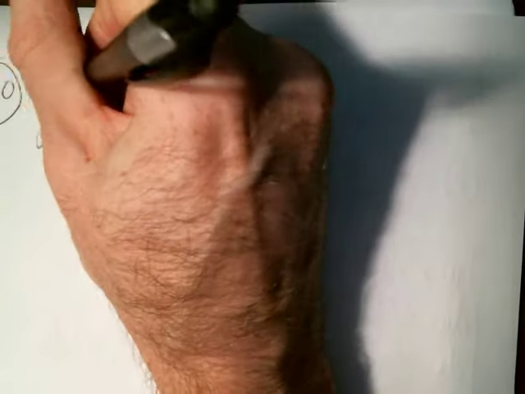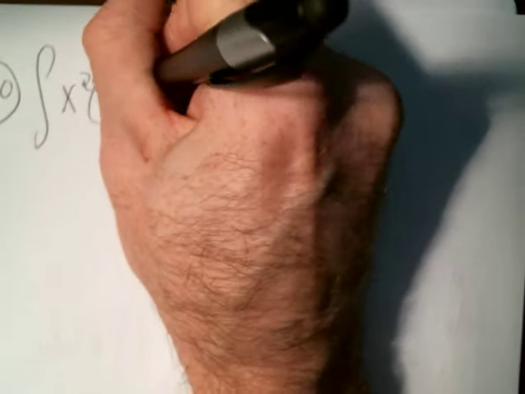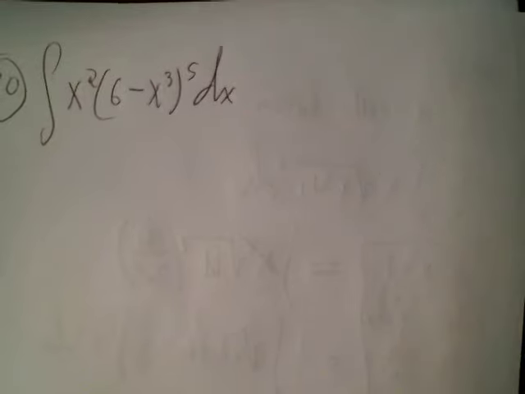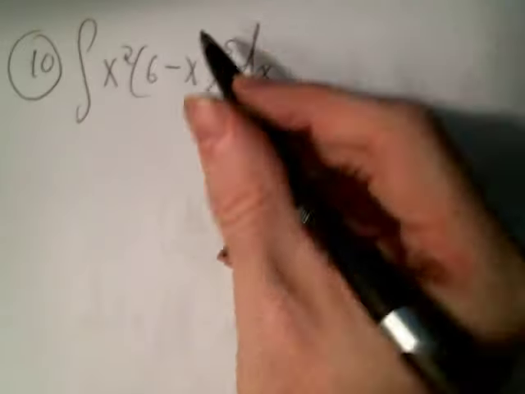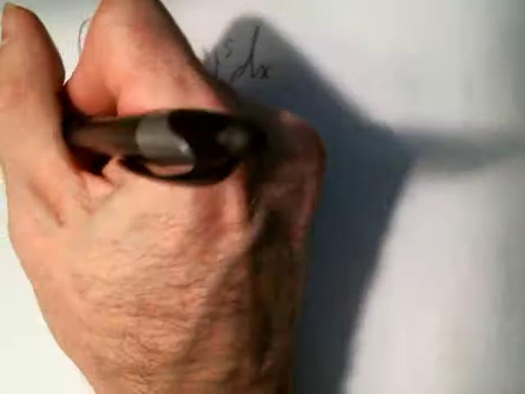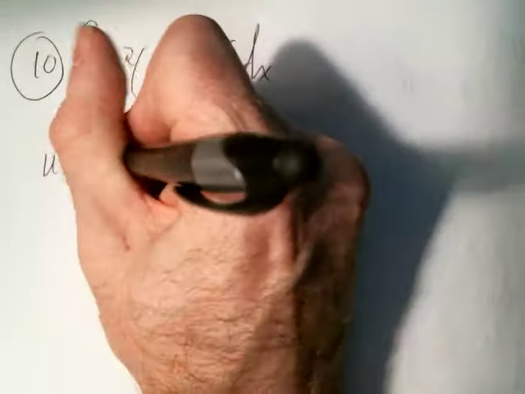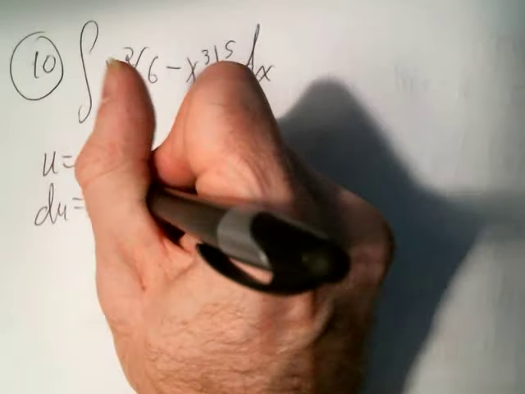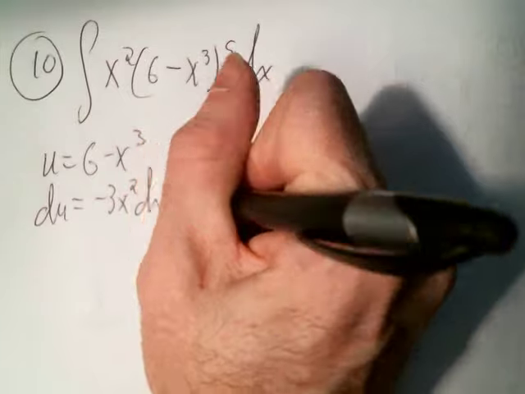Let's keep going. So number 10, I have the integral of x squared times (6 minus x cubed) to the 5th dx. Okay, so note the derivative of this is sitting right here, 6 minus x cubed. I'm going to let that be my u sub. And then du will be negative 3x squared dx.